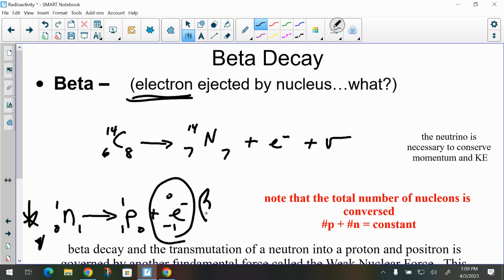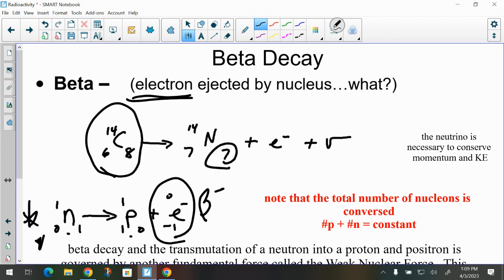That's the beta particle. This is the beta minus. Okay? But in the process of that, the neutron has turned into a proton. So this makes sense if you think about it. This is neutral, this is positive, this is negative. So what's really happening is that when you have carbon-14, it's going to take one of these neutrons, 8, and turn it into 7.